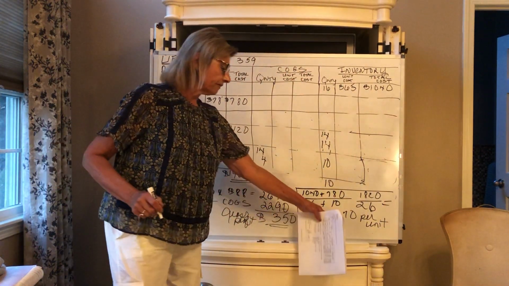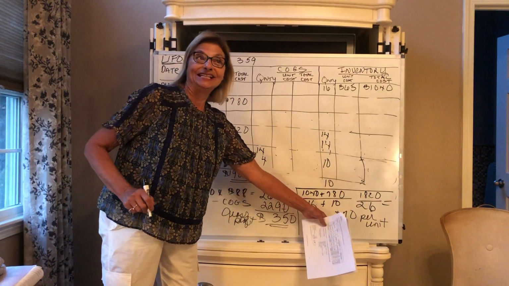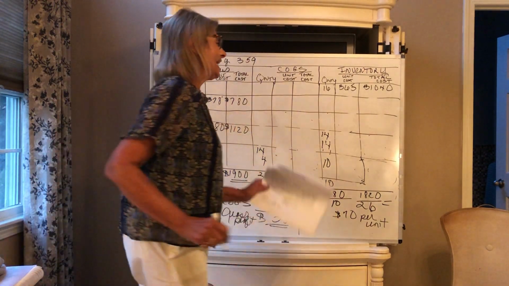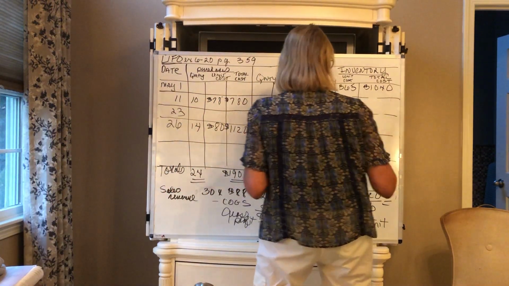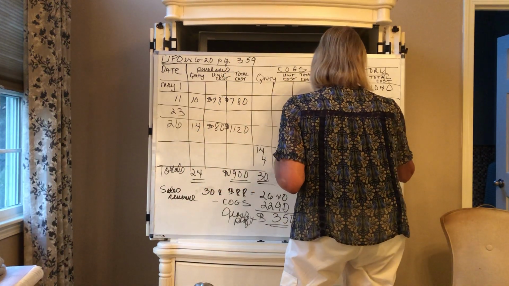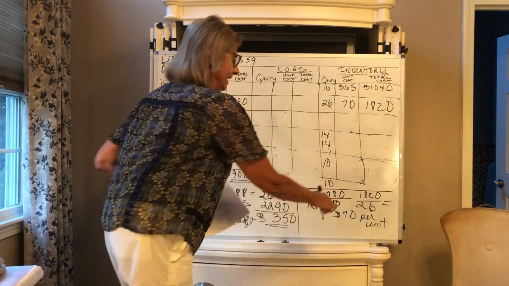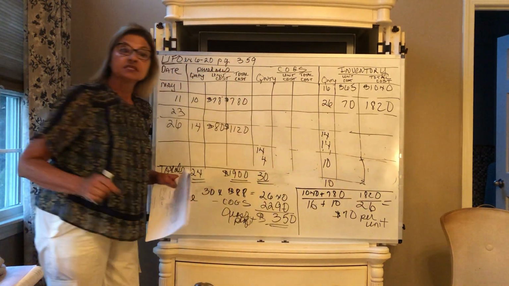If you had a calculator in your hand, you must have thought I was crazy. It is the right answer, 70. Okay, so we have 26 units at 70. Multiply that out, 1820. We already knew that, right? 1820 right here. This is the amount we're going to use for cost of goods sold.